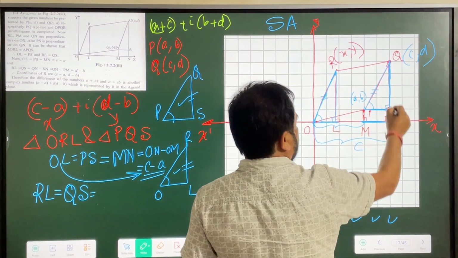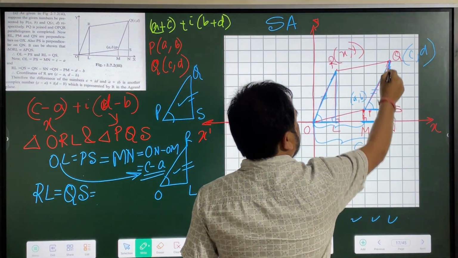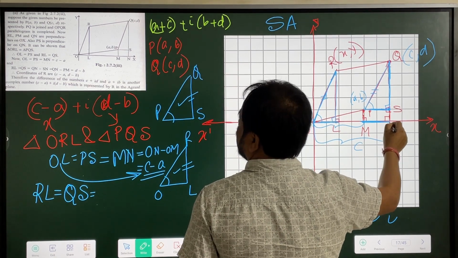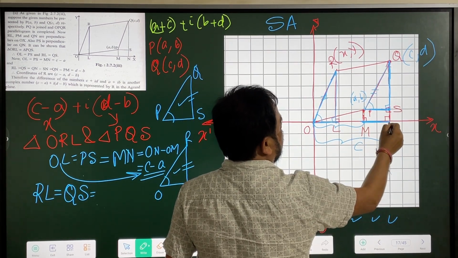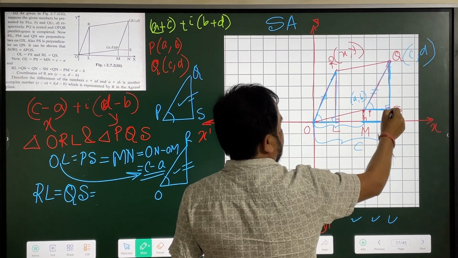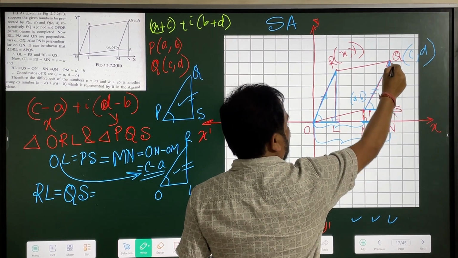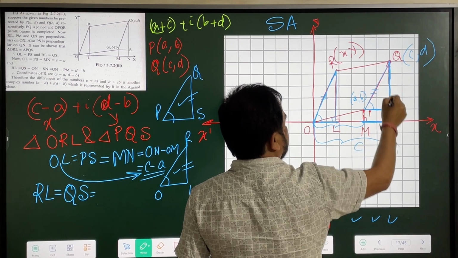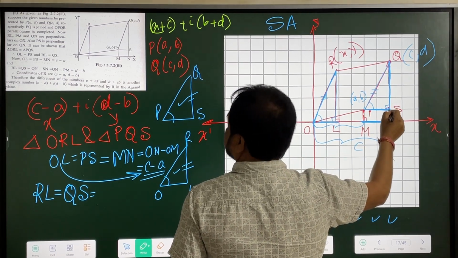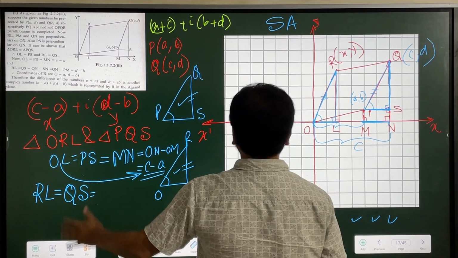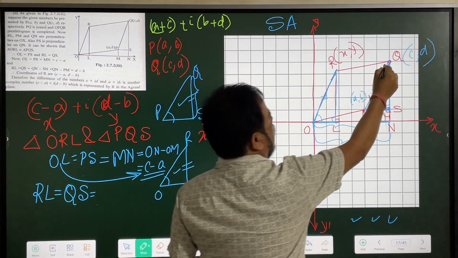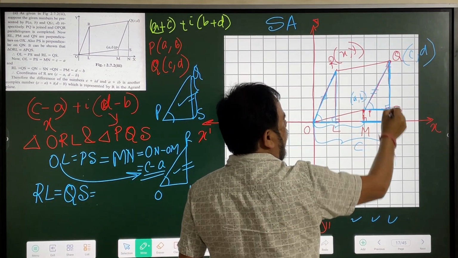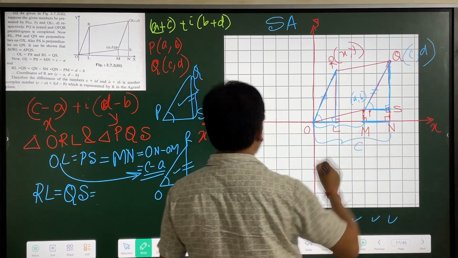QS means what? Look again. QS means QN minus SN.